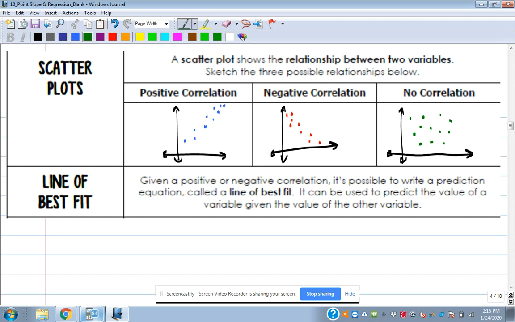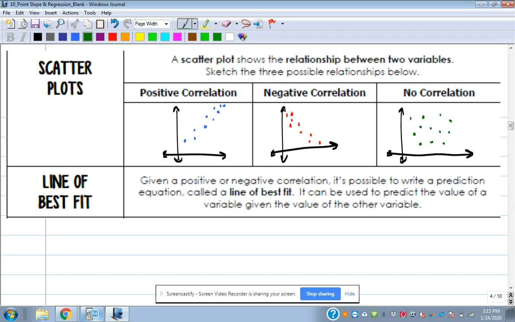Okay, so line of best fit is what we're going to end up finding, and trying to predict some things using that. We're going to use the graphing calculator to help us find the line of best fit. We're going to do an example here without the calculator, and then we're going to do it with the calculator. I'm going to show you the difference in the two lines.